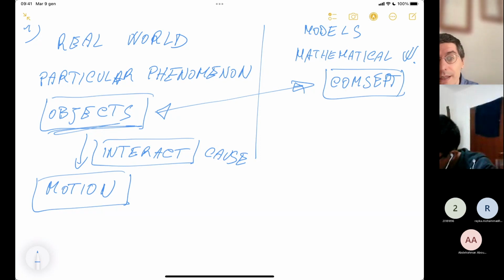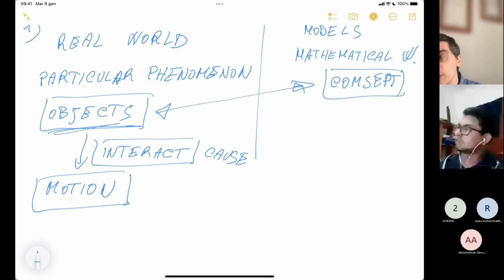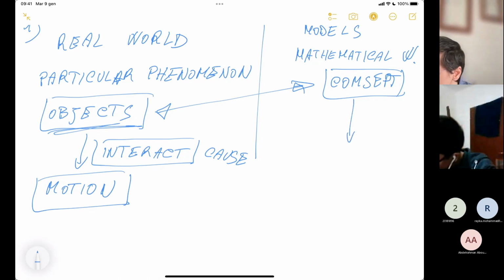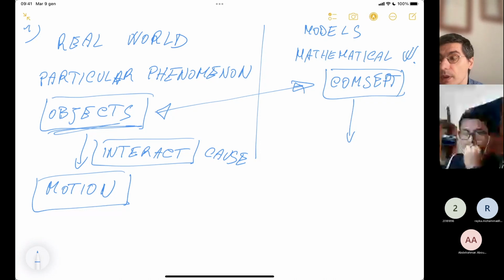In the mathematical world, we have to reproduce this kind of stuff. Of course, when we say the real objects have some interaction, this is in the real world.